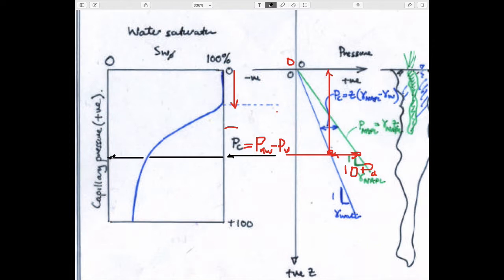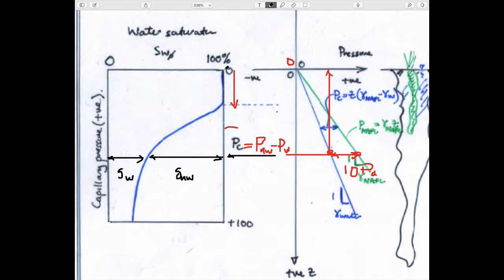At this particular depth, this will be the saturation of the non-wetting fluid, and this would be the saturation of water.